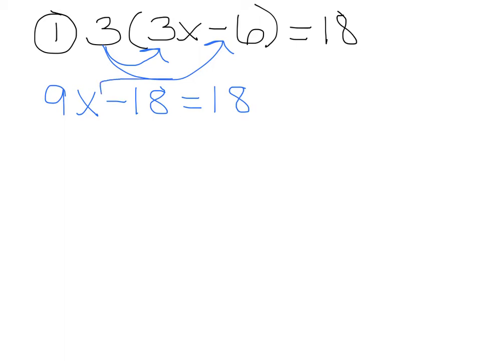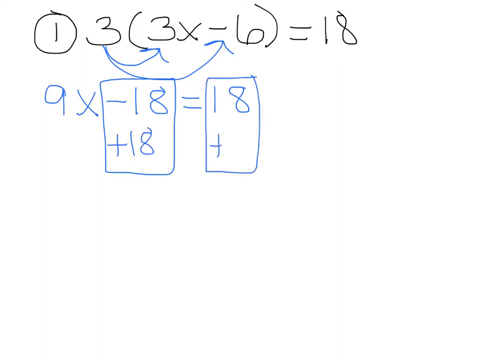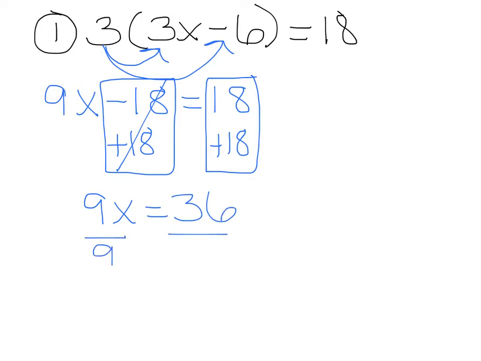So now we're going to get rid of the constant negative 18 and put it on the other side by adding 18. This creates a zero pair on the left side, leaving me with 9x equals 36. My last step is to divide by the coefficient with the variable, which is 9, and this leaves me with x equals 4.